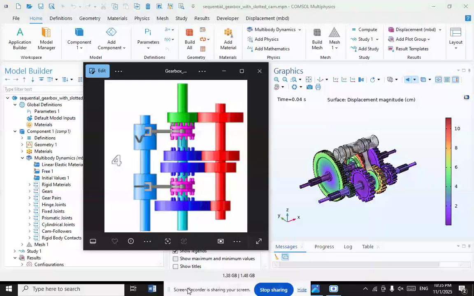As the drum rotates, the grooves on the drum guide a set of shift forks, which in turn help in engaging the required gear. A transient multibody analysis is performed to simulate the gear shifting mechanism and compute the angular velocity of all the gears for the specified engine speed.